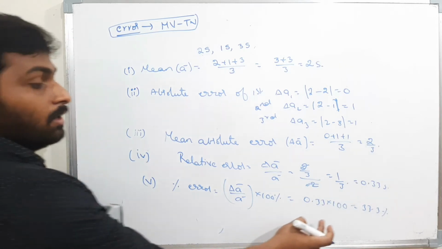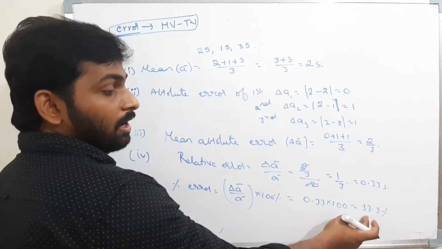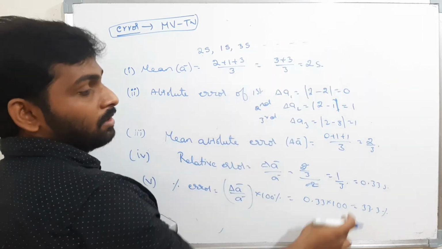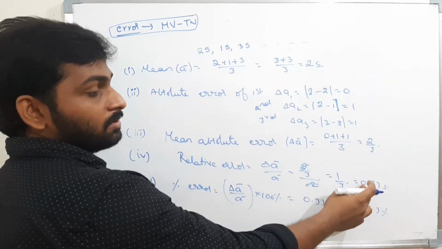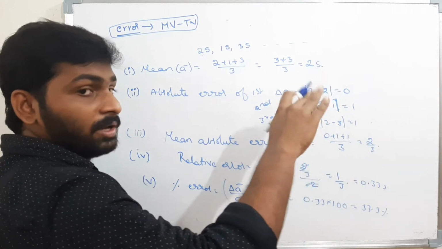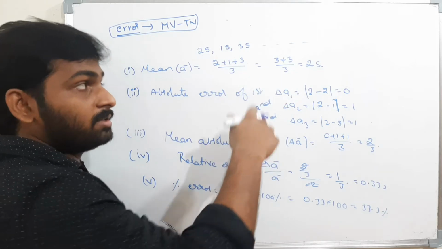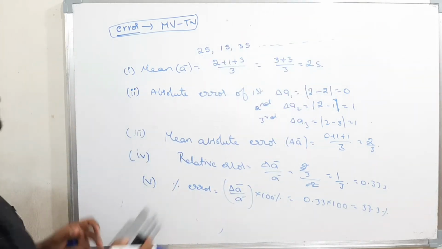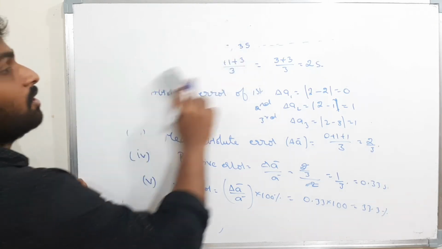If you are increasing the readings, this will decrease, this will decrease, this will decrease. The percentage of the error in the measurement will decrease if the number of measuring values is increasing. Please remember this.